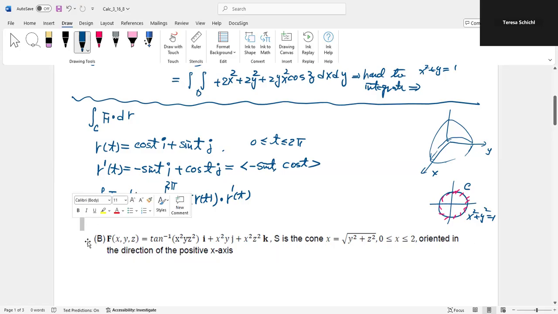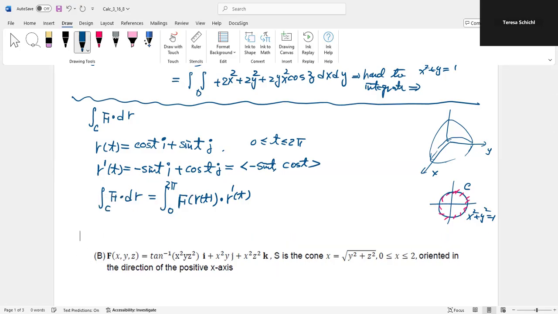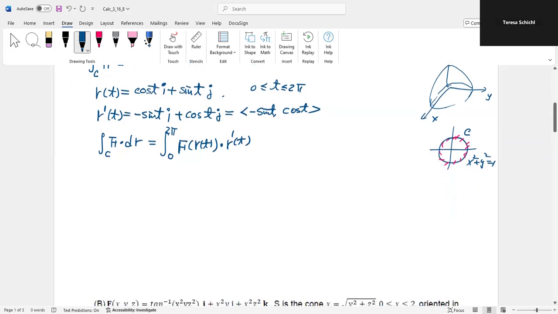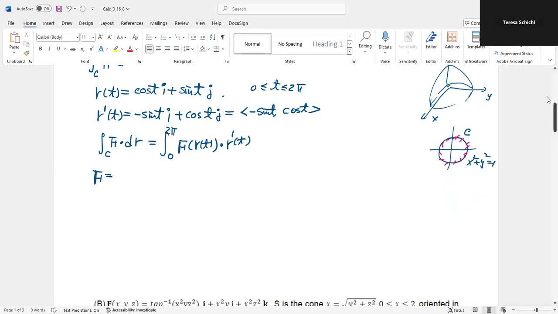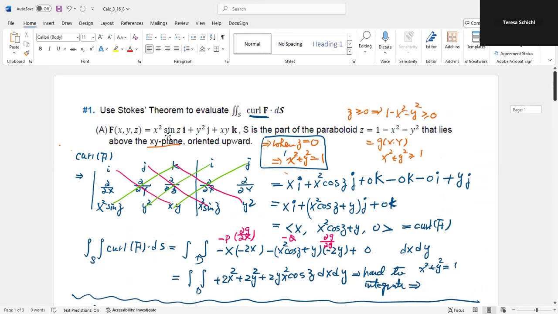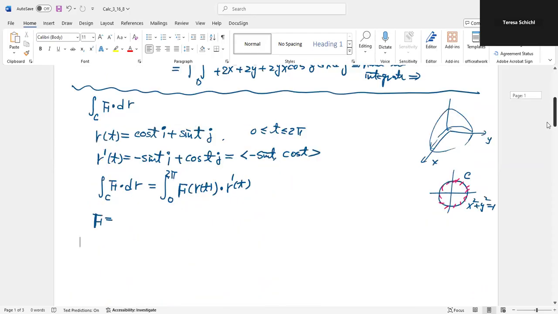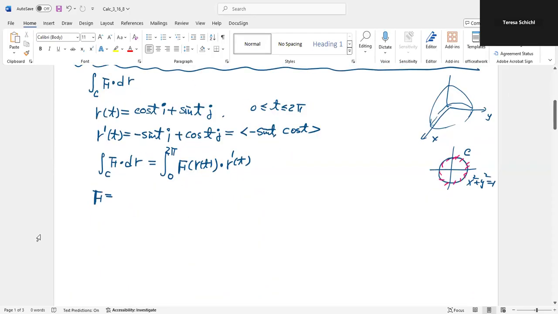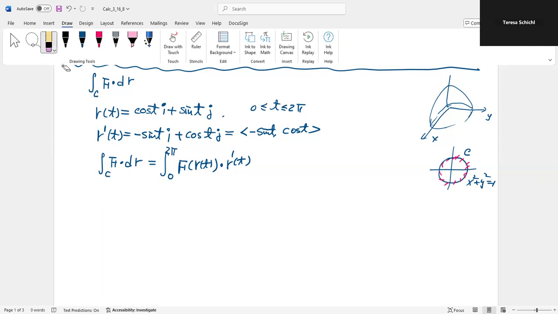So let me get more space here. Now let's put in the F. My F vector, if you remember, going up, is x squared sine z i, y squared j, xy k. Here I replace it with r(t), just like we did with line integrals.